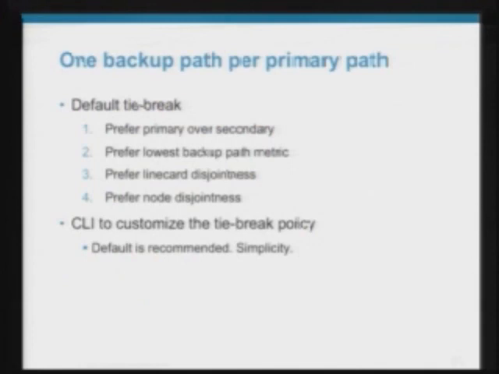Of course, prefer primary over secondary. If the backup path has the lowest metric, send it that one. Presumably that's the least delay penalty. Line card disjointness, node disjointness, plus a bunch of options to fine-tune things, which he doesn't recommend you use after all, but you never know, it becomes handy.